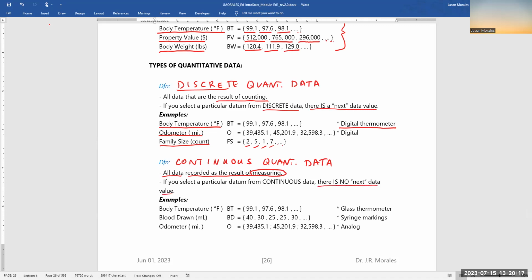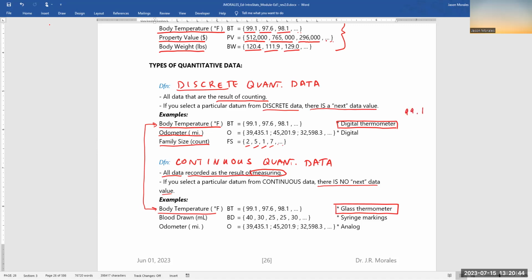So let's look at this difference first between body temperature. Body temperature is a measurement, and that's why it counts as quantitative data. But look at the difference if you measure it with a digital thermometer versus a glass thermometer. A digital thermometer is going to have a limit of maybe measuring to 1/10 of a degree.